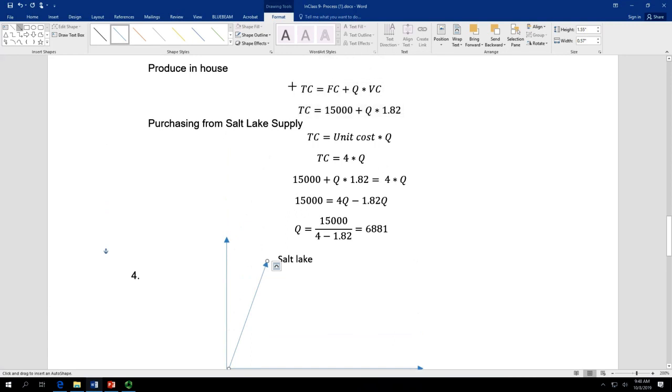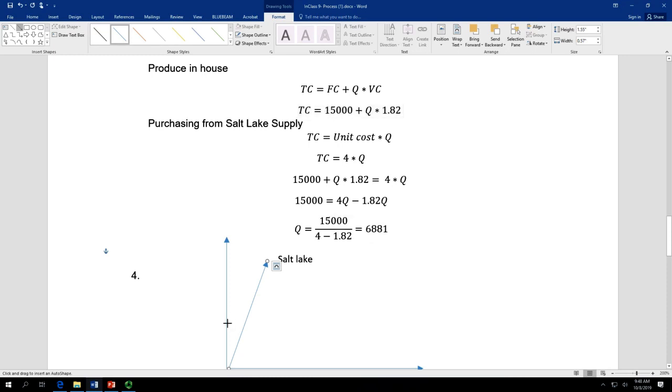If you are familiar with algebra 1 or algebra 2, the linear line is y equals a plus bx, where b is the slope. In this case, 1.82 is the slope, correct? And how about 15,000? This one is the intercept with the y-axis, correct? So this is the intercept, 15,000.